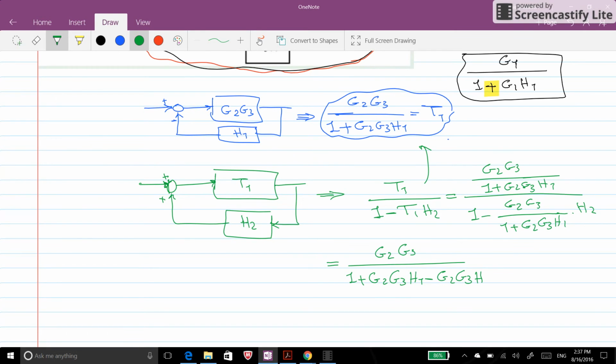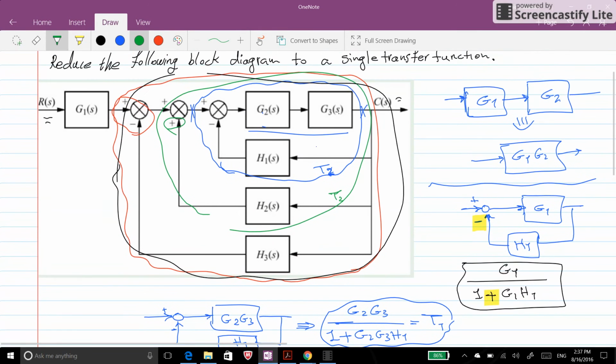Here we have G2 G3 H2, and the whole expression should be called T2. This will be our T2, and T2 is in a feedback configuration with H3.